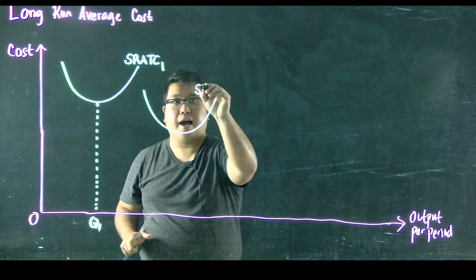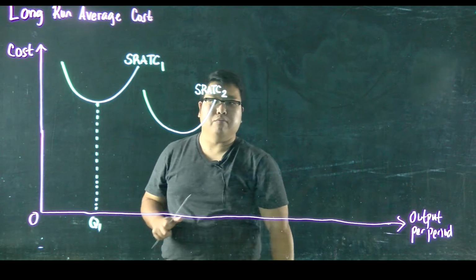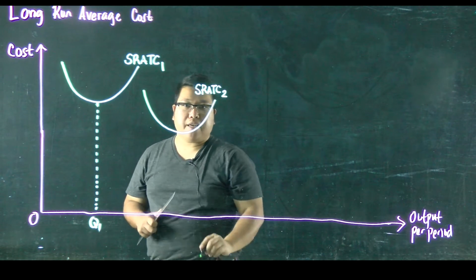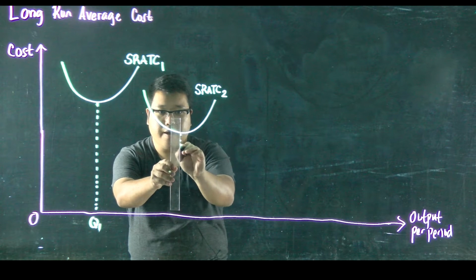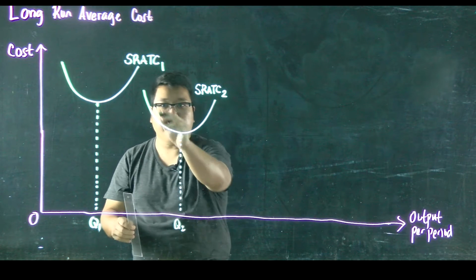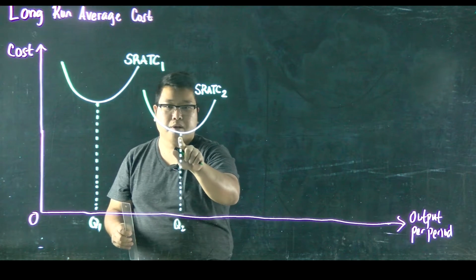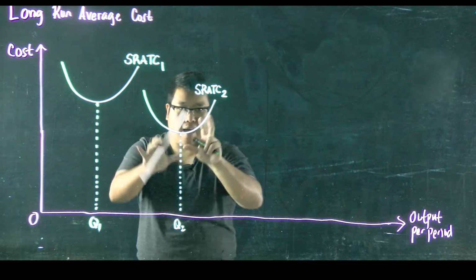I will call this short-run average total cost curve 2, SRATC2, which gives us Q2, where Q2 gives you the lowest possible short-run average total cost for this plant size.